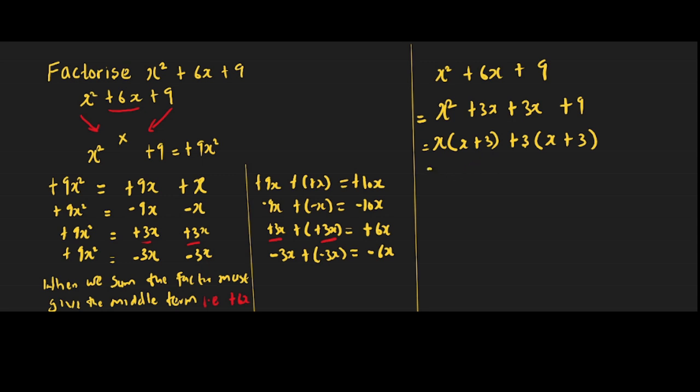Here, if you notice, we are having the same term in this bracket, x plus 3 and x plus 3. So we write one bracket x plus 3, then the other, x plus 3. In this case, we have factorized x squared plus 6x plus 9.